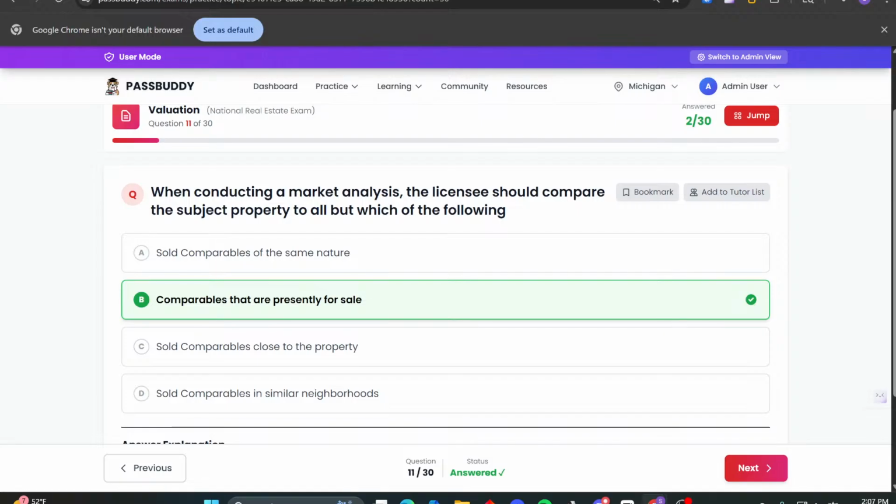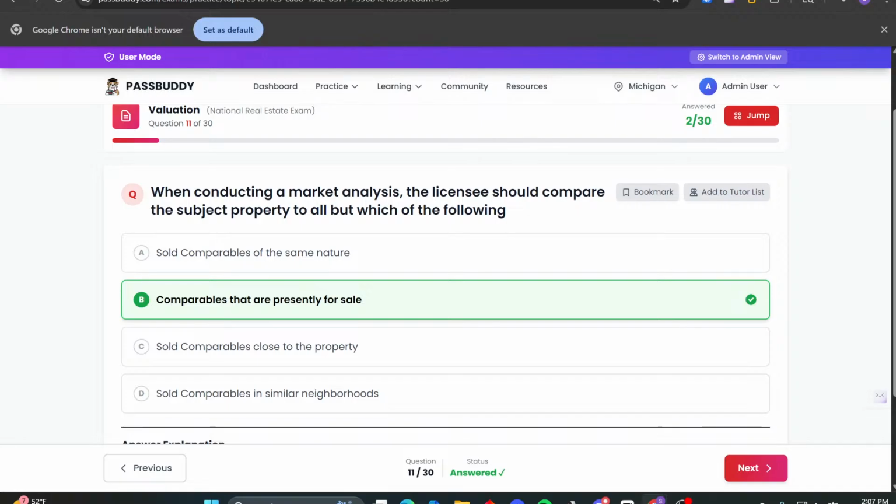If we're doing a CMA, or a comparative market analysis, we're actually trying to figure out what the property should sell for. We're looking for market value on the property, right? Market price is what it sells for, market value is what it should sell for.